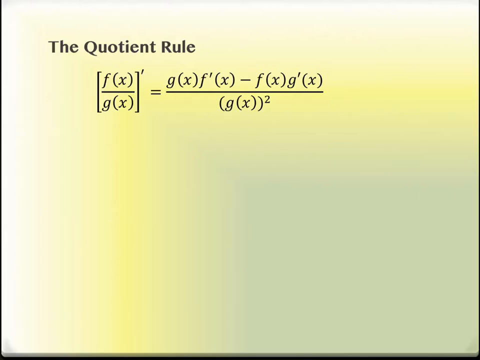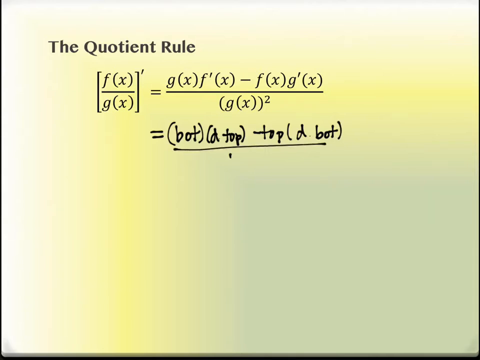So one of the ways you can think about this is that we're taking the bottom times the derivative of the top minus the top times the derivative of the bottom over the bottom squared. Okay, so that's something you could say, right? Think about it in that fashion.